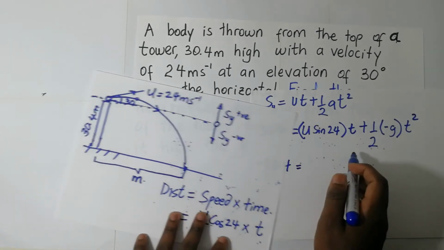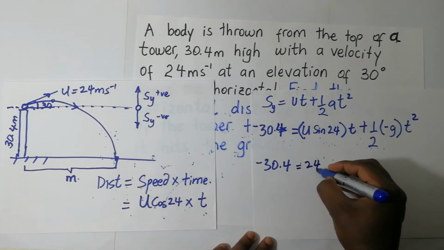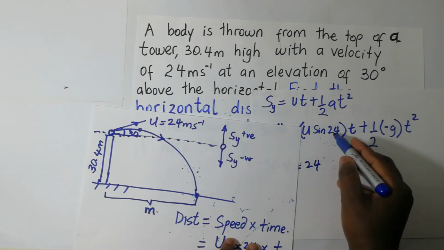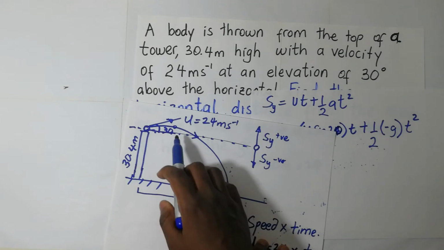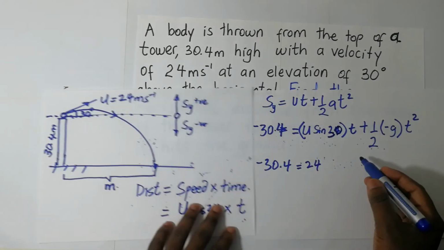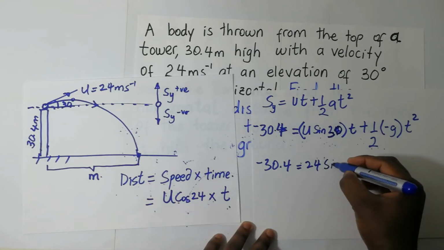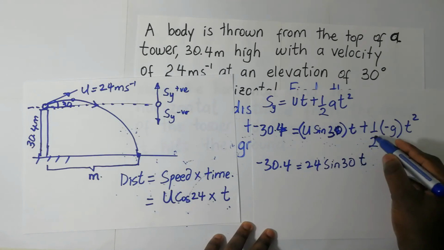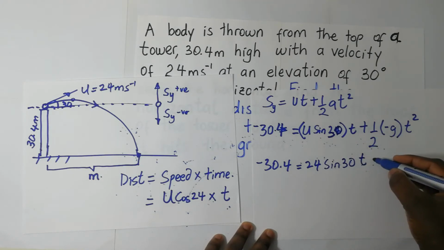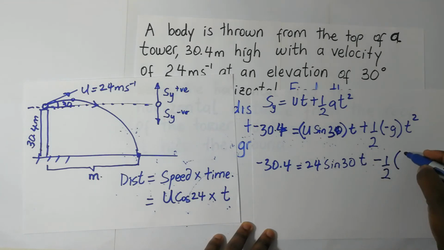Our u is 24, so it's 24. Oh, this is supposed to be sine of 30 degrees. The value of theta is 30. So it's 24 sine of 30 times t, minus a half times the gravity, which is 9.81, times t squared.